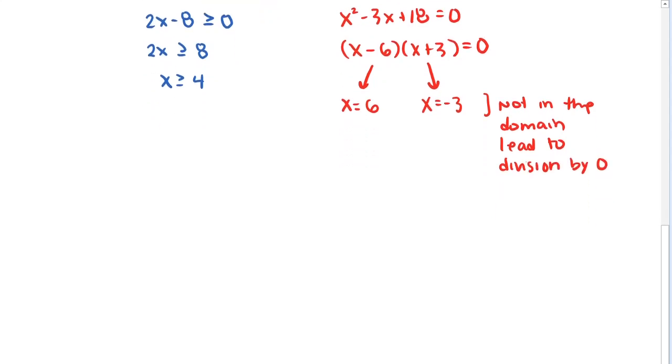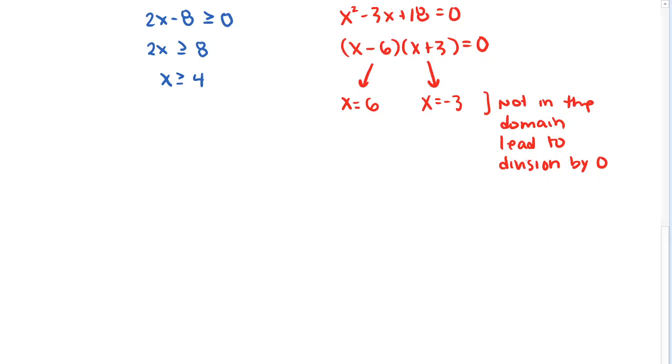And so what's the picture here? Our inequality in blue is saying, here's the number 4, and for the square root part of our function in the numerator, everything's okay as long as we're bigger than or equal to 4.